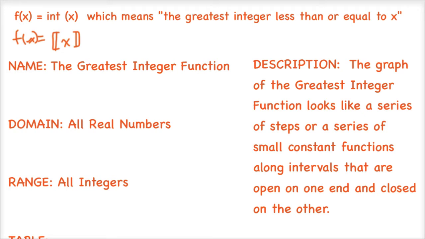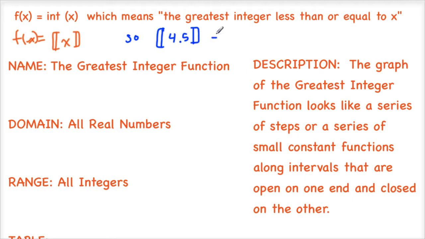So for example, and we'll do this when we fill in our table for the graph, the greatest integer function of the number 4.5. If I were to plug in 4.5 to this function, I want to know the greatest integer that is less than or equal to 4.5.